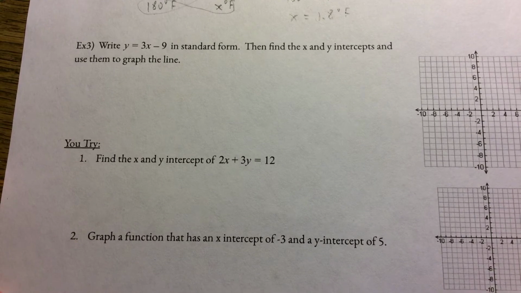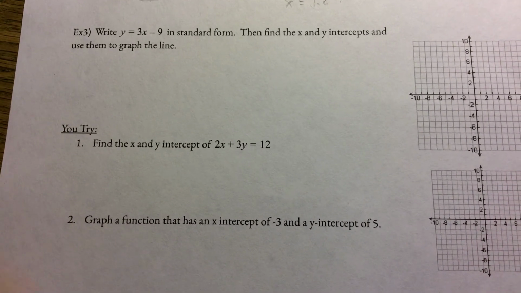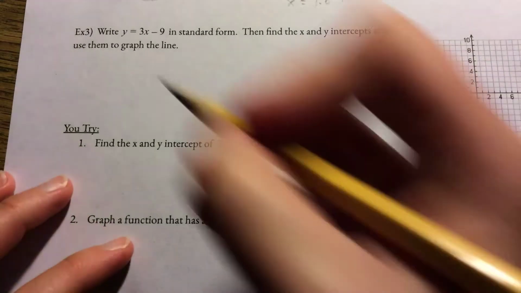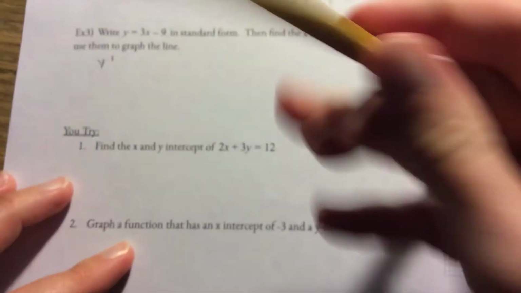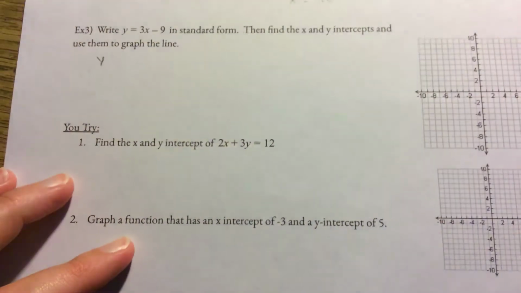And the last example says we are going to take this y equals 3x minus 9, and we're going to put it in standard form, and then find the x and y intercepts and use them to graph. So if I'm going to put it in standard form, I want the x's and the y's all on one side, and I want the constant term on the other.